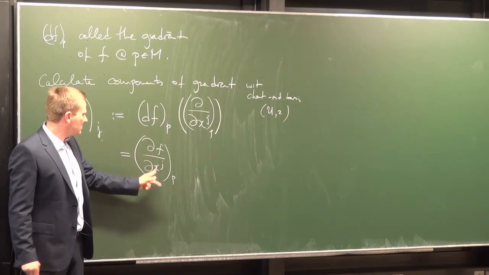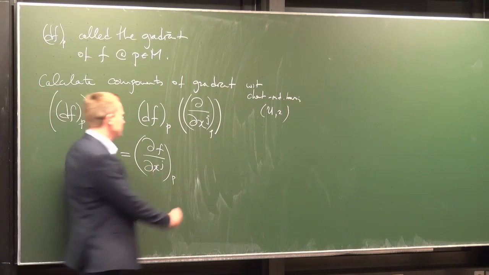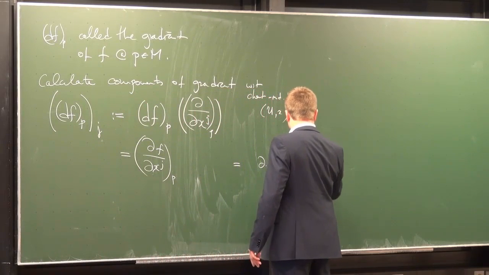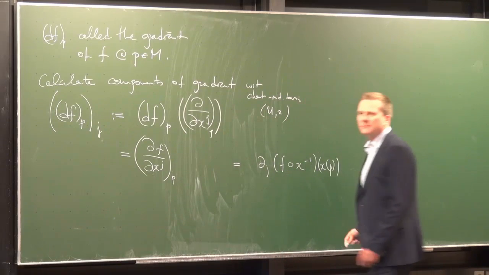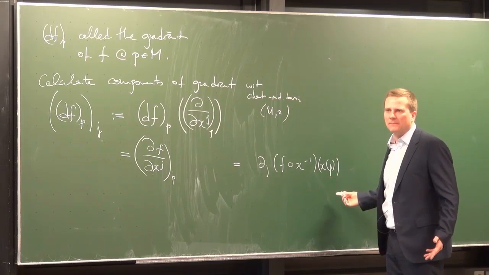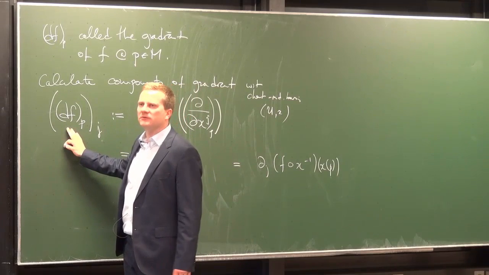You say you take the partial derivative in the j direction. You know that you need to translate the symbol into del_j of f after x inverse and evaluate at the point x of p. And this you can calculate by undergraduate analysis. And because you evaluate at the point, you get a number for each j. These are the components of the gradient.